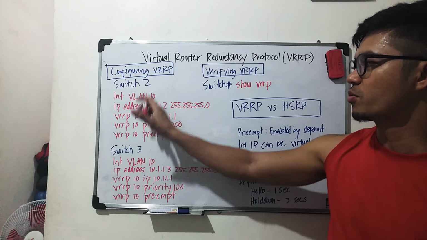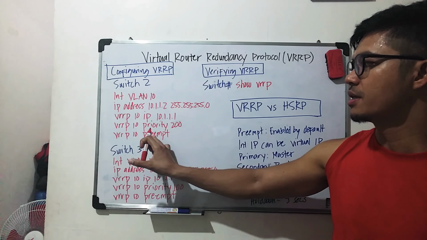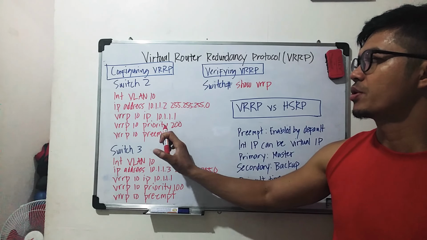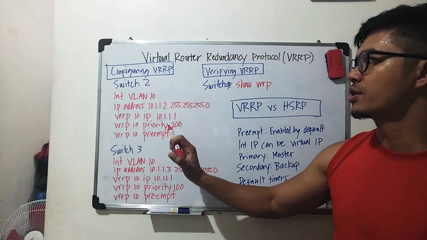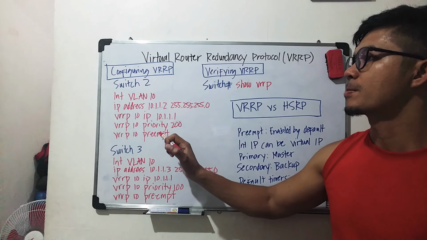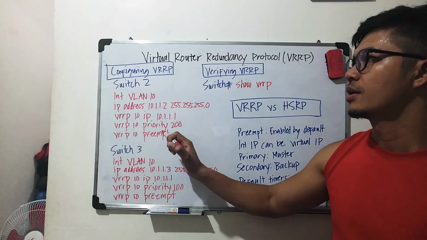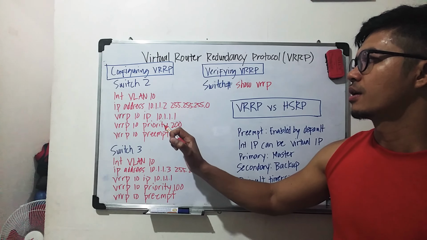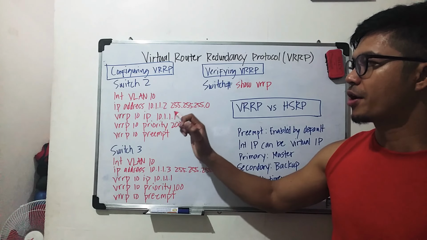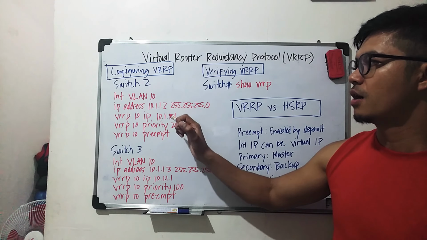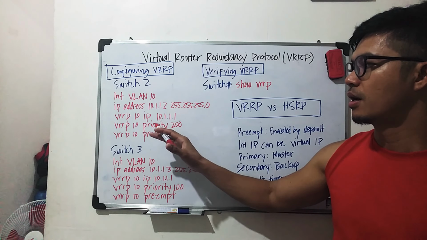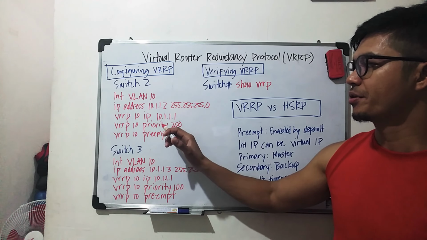This is actually the master switch, because as you can see, the priority is 200. The master router becomes the master router because it has the highest priority.